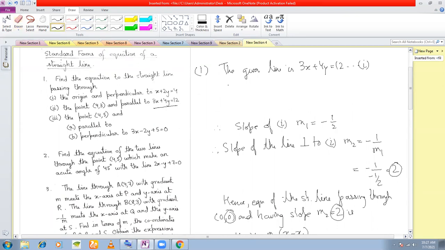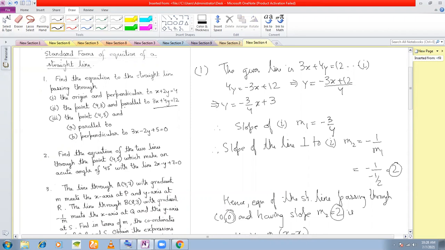So you have 4y is equal to minus 3x plus 12. That means y is equal to minus 3x plus 12 divided by 4. That means y is equal to minus 3 by 4 x plus 3, right? The slope of this is minus 3 by 4.